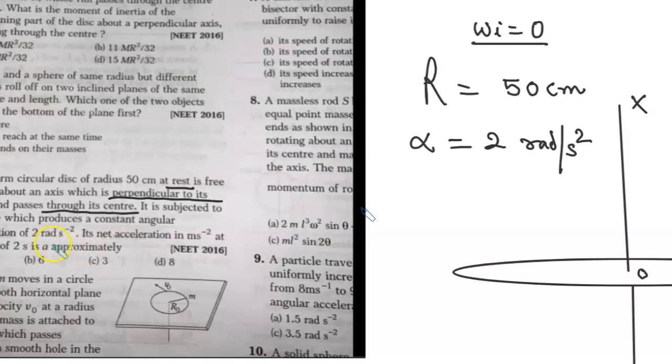Its net acceleration in meter per second square at the end of 2 seconds is approximately what? Its net acceleration. Correct?